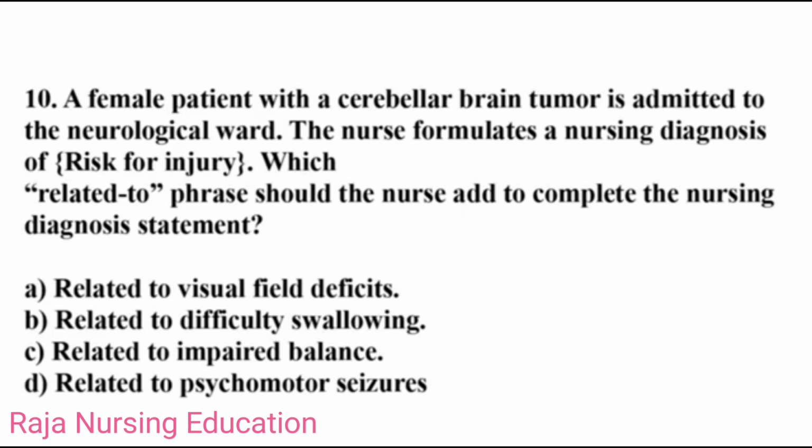A female patient with a cerebellar brain tumor is admitted to a neurological ward. The nurse formulates a nursing diagnosis of risk for injury. Which related to phrase should the nurse add to complete the nursing diagnosis statement? A. Related to visual field deficit. B. Related to difficulty swallowing. C. Related to impaired balance.